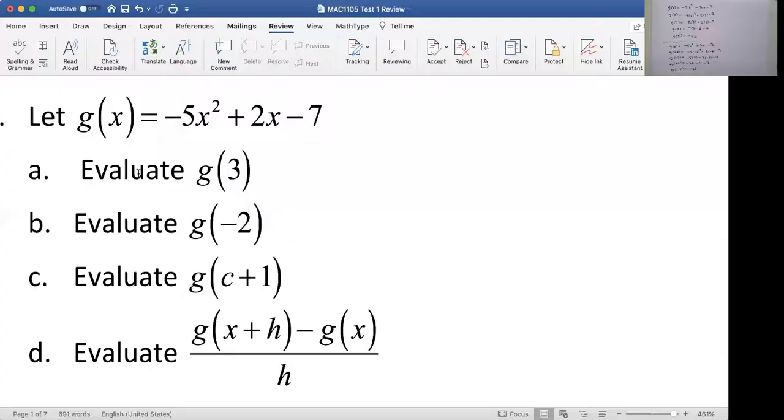The next question it's asking for is g of c plus 1. So let's talk about that process. We're going to plug in c plus 1 wherever we see an x. So we are currently at g of x is negative 5x squared plus 2x minus 7. What is g of c plus 1?